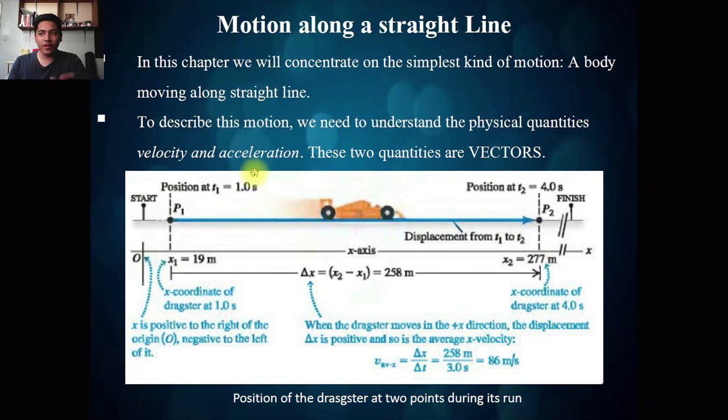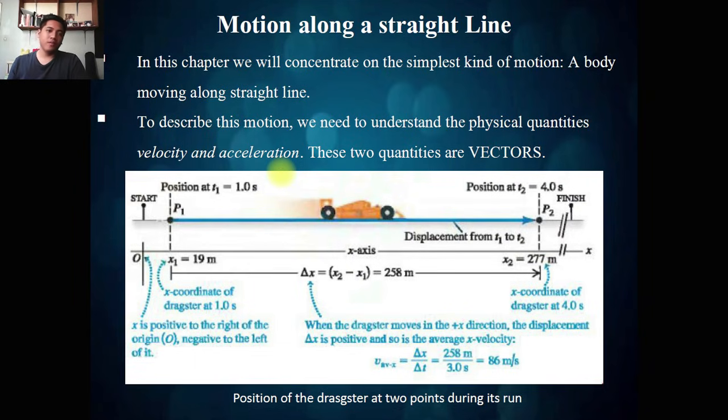One very good example of acceleration is the acceleration due to gravity, which is nearly constant, negative 9.81 meters per second squared. Negative is included because the acceleration due to gravity is going downwards.